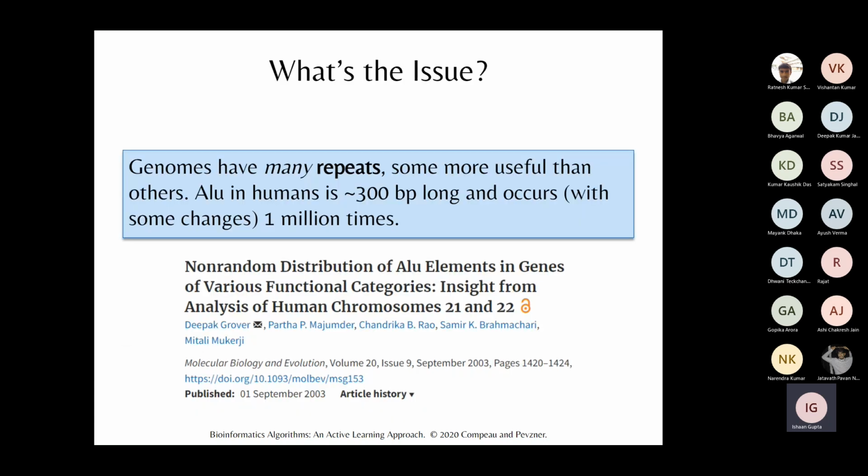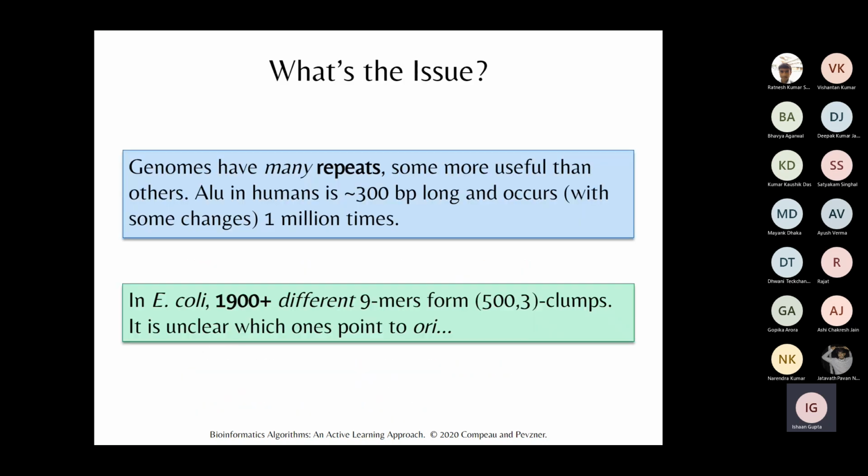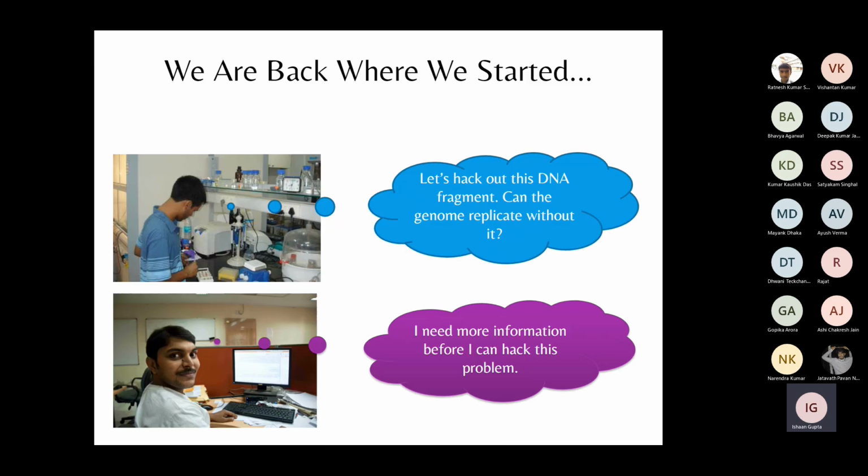So can we use some other information that can help us pinpoint where the origin of replication might be? In the case of E. coli, for example, there are approximately 2000 different 9-mers that can form these clumps. So it's probably unclear where the ORI points to.